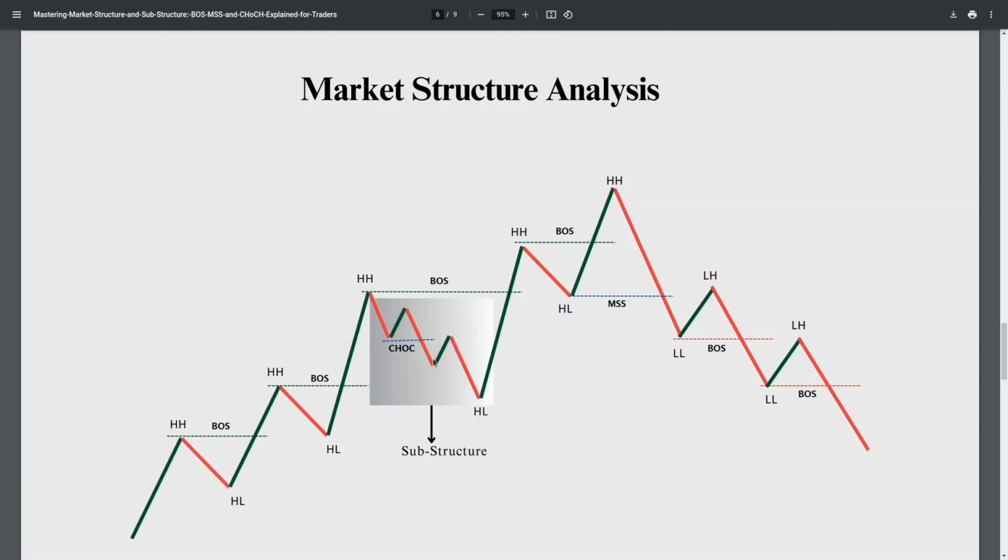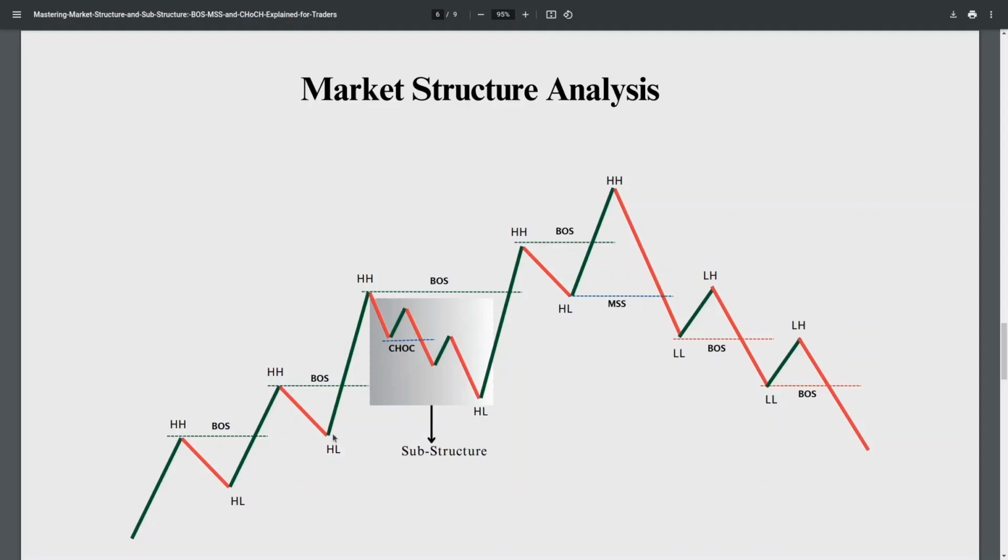Then it still fails to take this high here. It still broke this point, which is called a break of structure here. Then once I form this low, and this low here, price moves and takes this high.